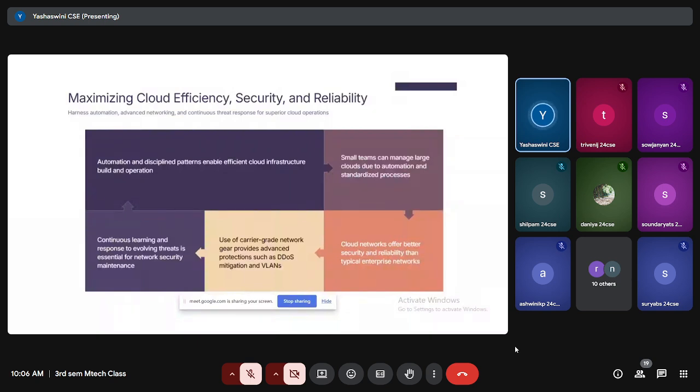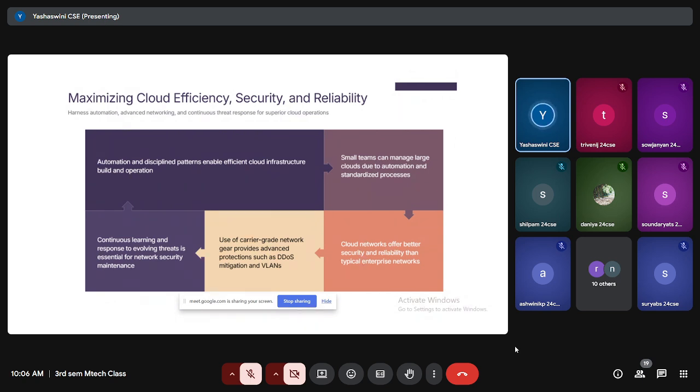Only if we are sensing continuously will we be able to gauge what the threat is, and depending upon that we can respond on how to handle this threat, and how we have to maintain our data with network security consensus, which will enable you to maximize the cloud usage, right?